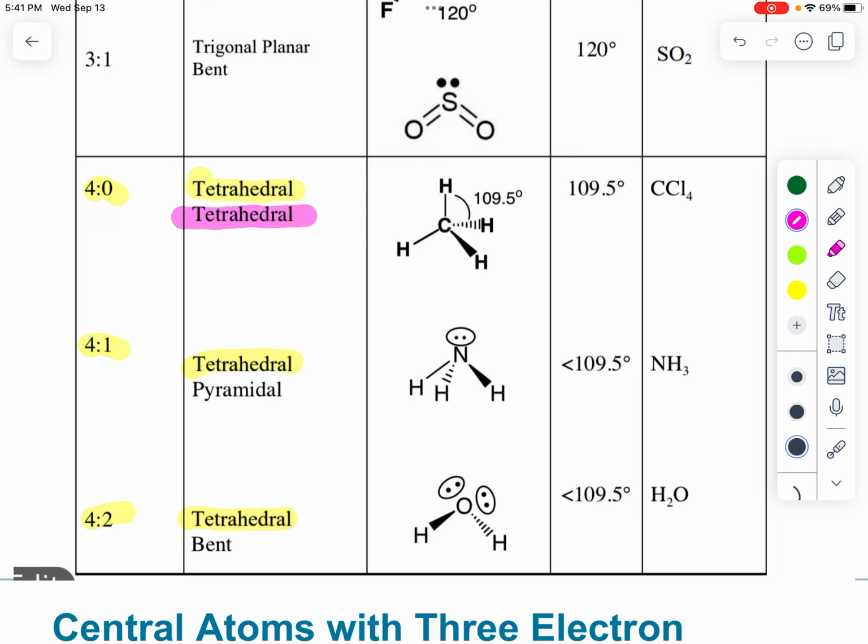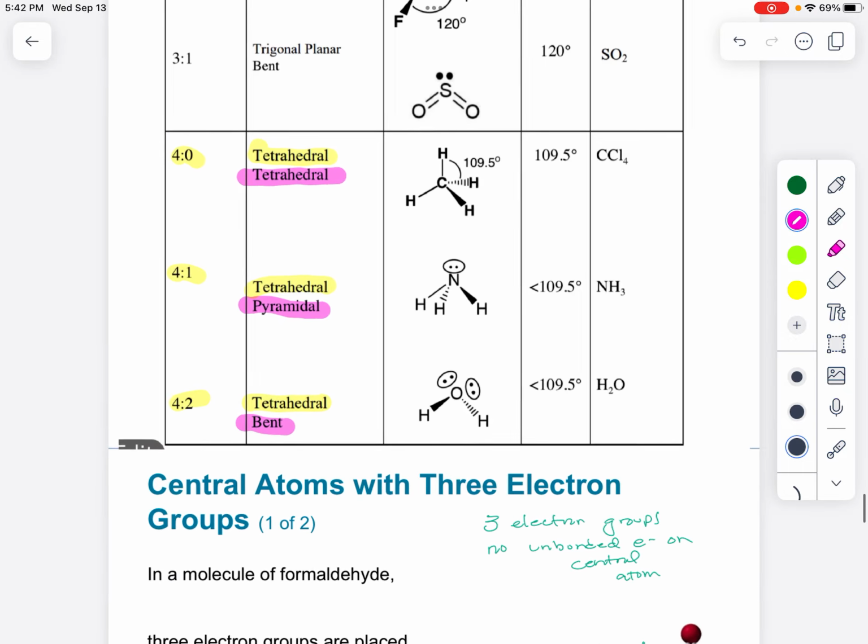If you have 0 unbonded electron pairs, and this is true for any shape, the molecular geometry and the electronic geometry are the same. But if there's an unbonded pair for tetrahedral, it becomes pyramidal. And if there are 2, it becomes bent.